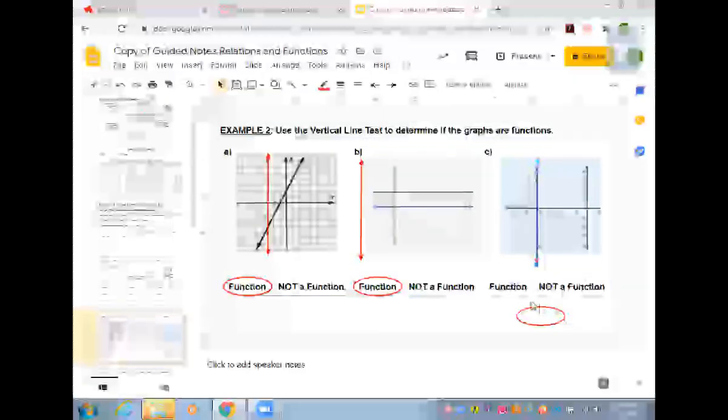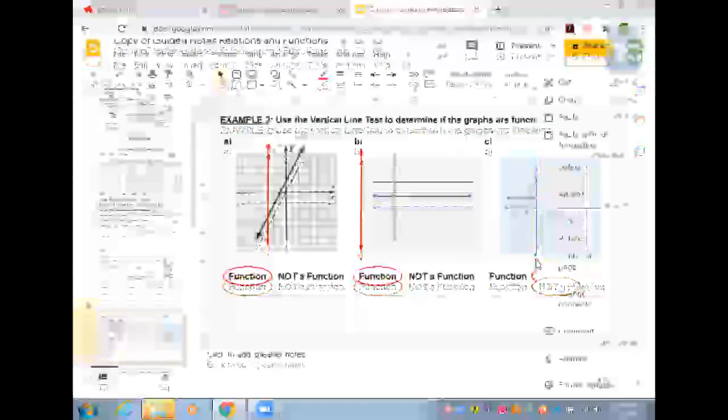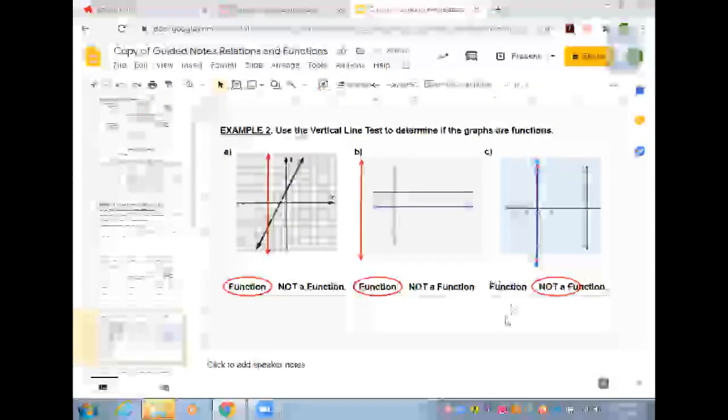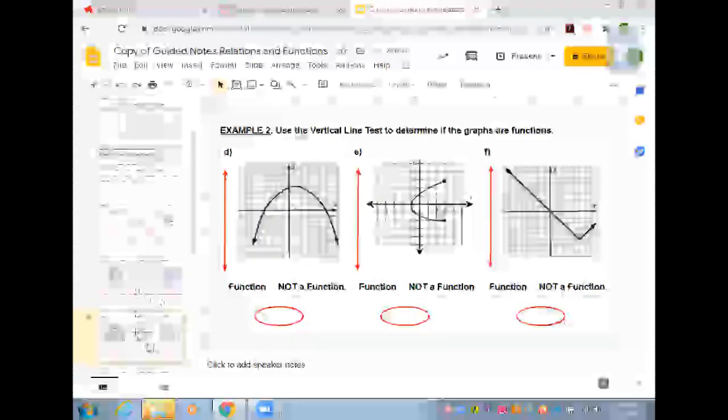So that means that it is not a function. Okay, here's my next slide. We got a few more to look at graph-wise.